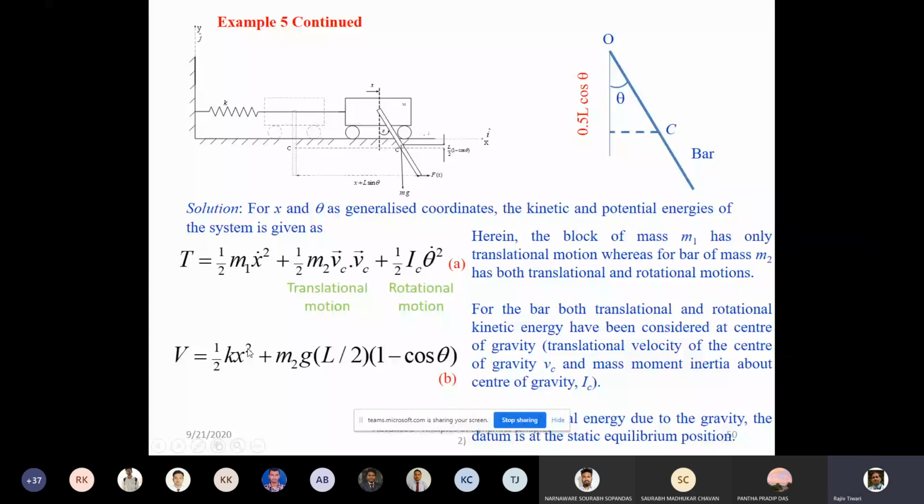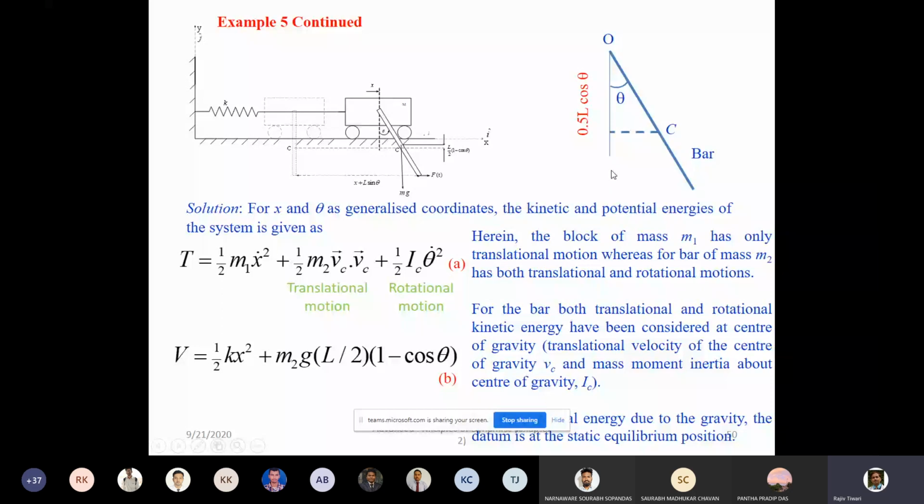This bar is having weight and is swinging, so potential energy of this also will be there. And the center of gravity is there at the half of the length of this. So m2g L by 2, 1 minus cos theta. So you can see how much the center of gravity is lifted.